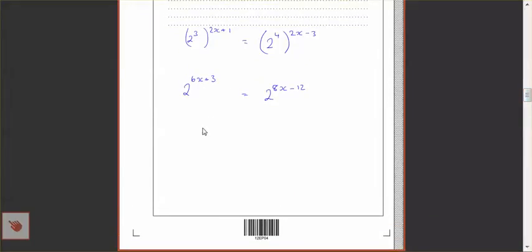So now I can just do 6x plus 3 must be equal to 8x minus 12. Oh, that's so simple. It is. So now I just solve: take 6x, gives me 2x, add the 12, gives me 15, which makes x 7.5.